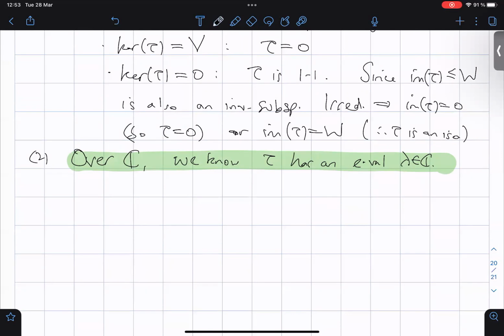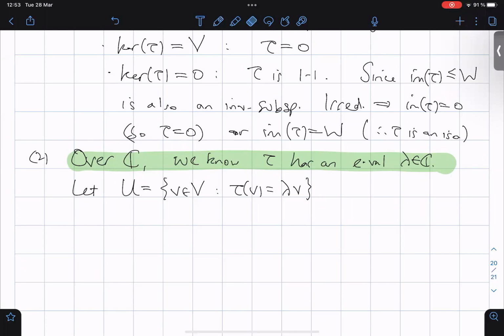Again, we want to use irreducibility, so we have to come up with some invariant subspaces. What's a natural invariant subspace? Well, the eigenspace associated to lambda. So let U be the eigenspace associated to lambda.